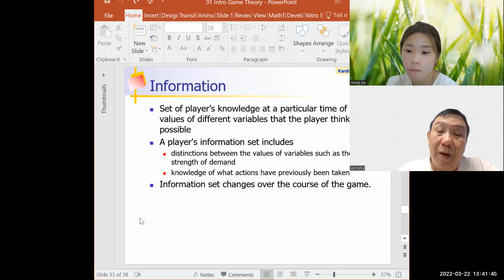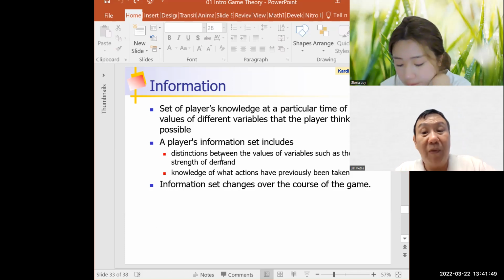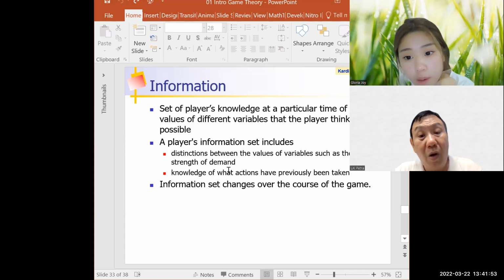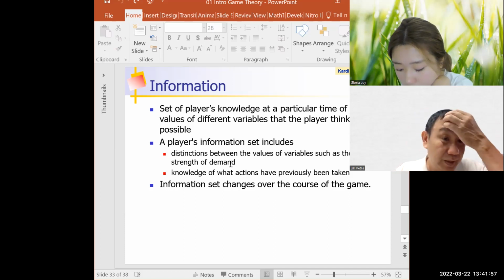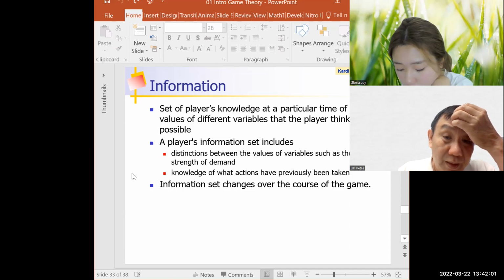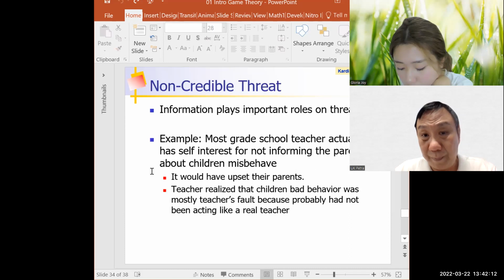So player information can include distinction between the values of variables, for example, the strength of the demand, or the knowledge of what action has been taken previously. So information will change over time. The information set changes over the course of the game.